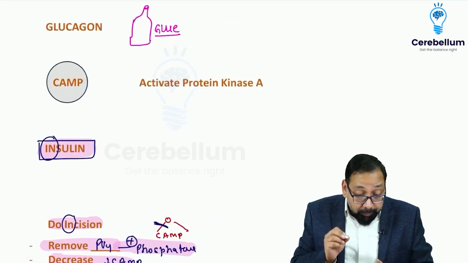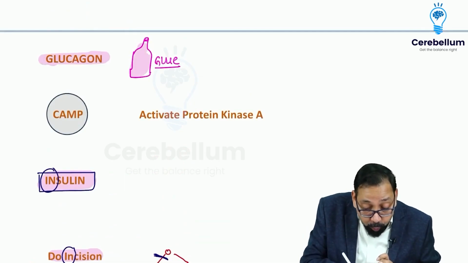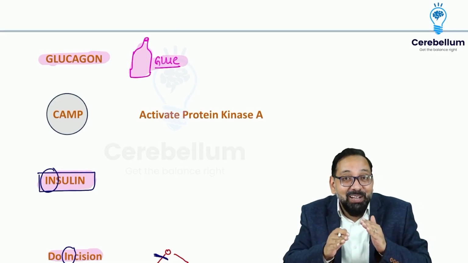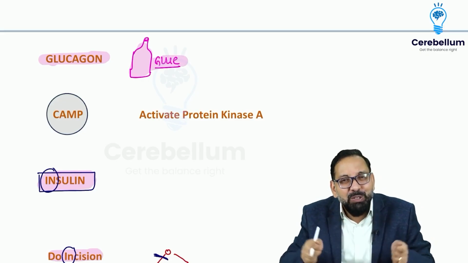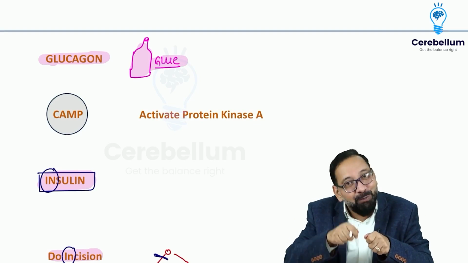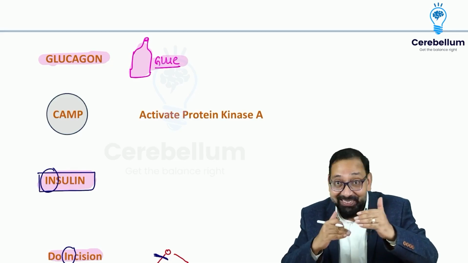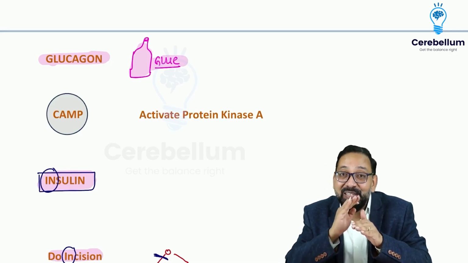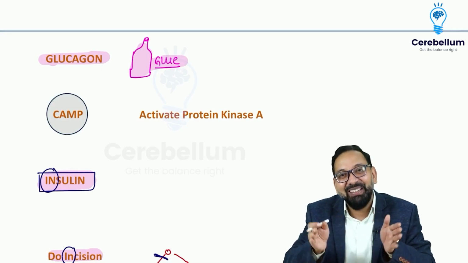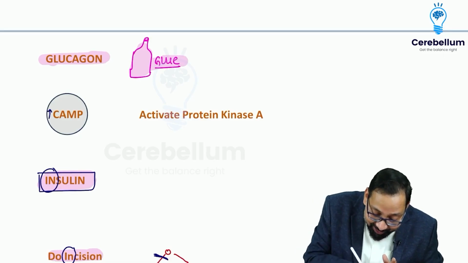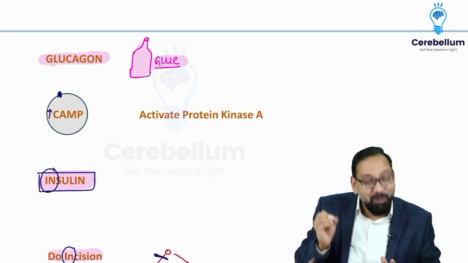We found that glucagon is like a bottle of glue. Insulin cuts this cyclic AMP, and glucagon will join it with the help of glue. They have opposite actions. You know, glucagon and insulin have exactly opposite actions. So if insulin is cutting, glucagon will join with glue. So glucagon increases cyclic AMP by joining with glue.